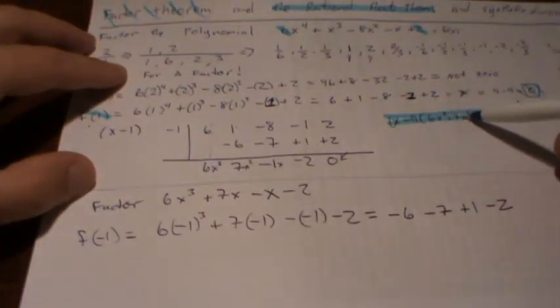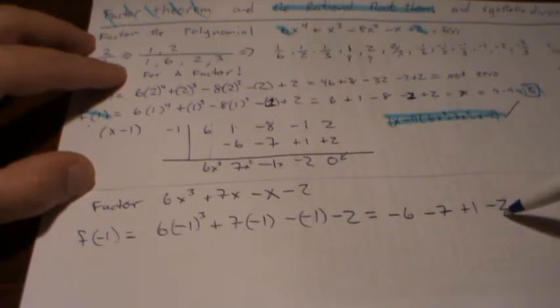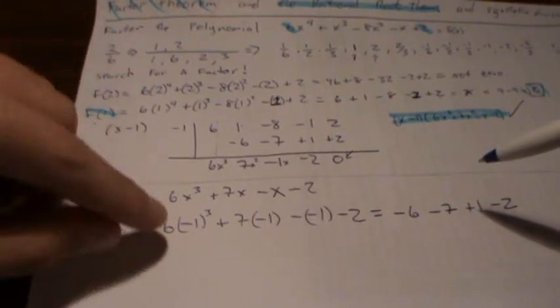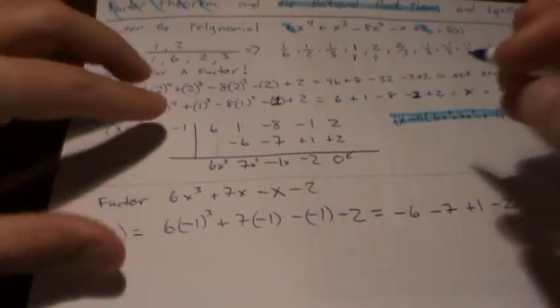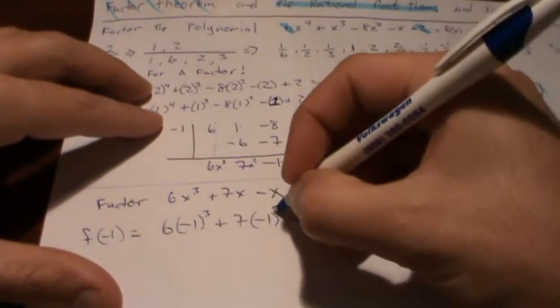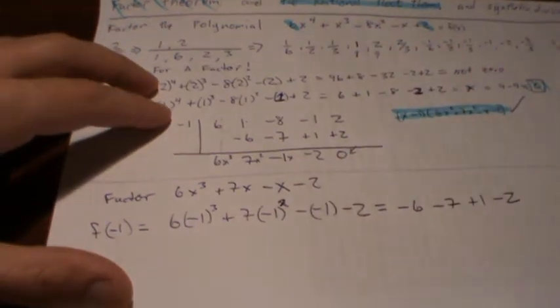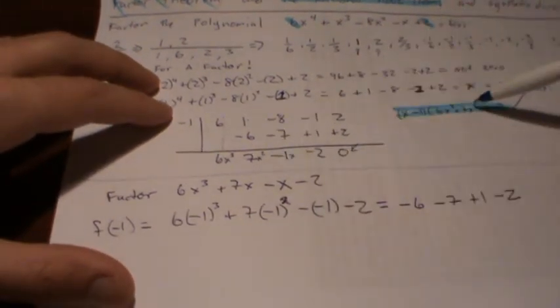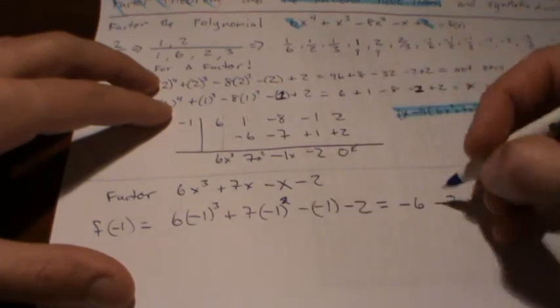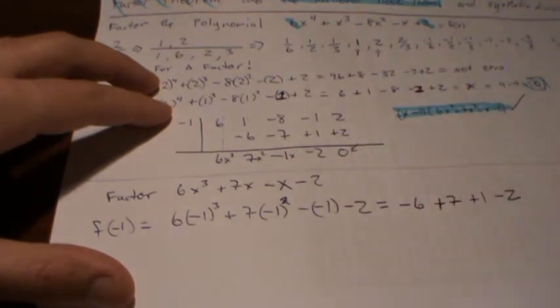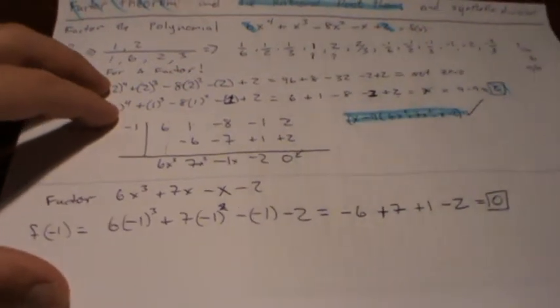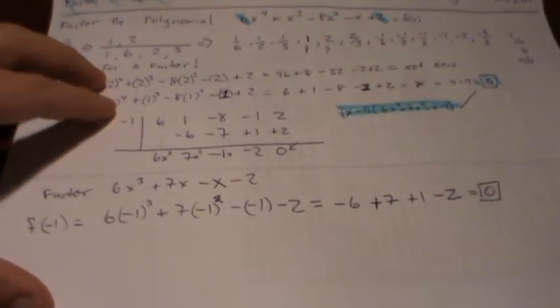Okay, this is a 6 -x to the third. Oh, this is supposed to be squared. Sorry, I just kind of messed that up. So notice I had a square here and I forgot to write it, which makes this a +7. And so I end up with a 0. Okay, I was expecting a 0 there.